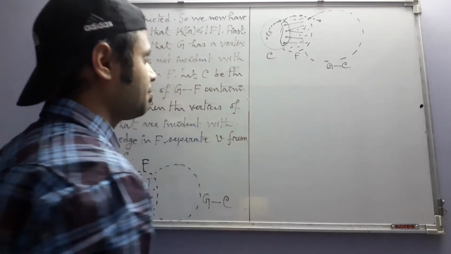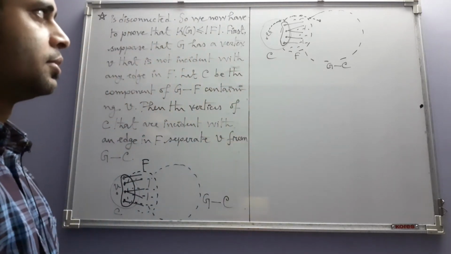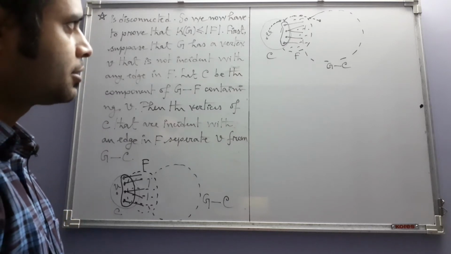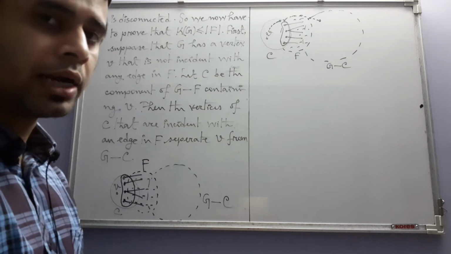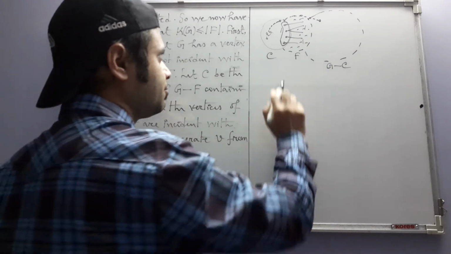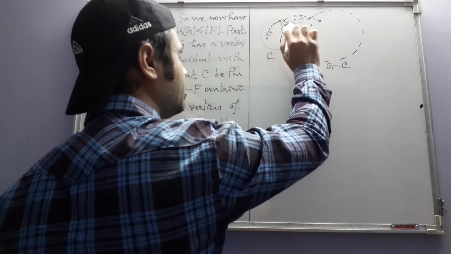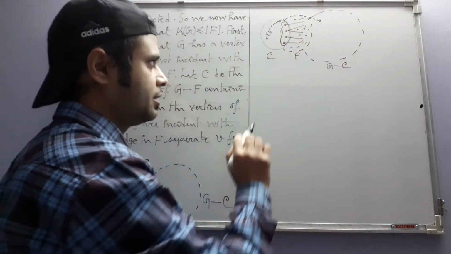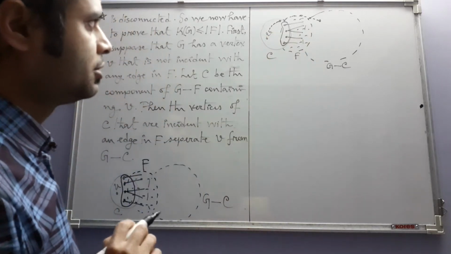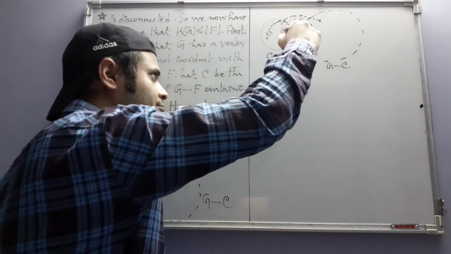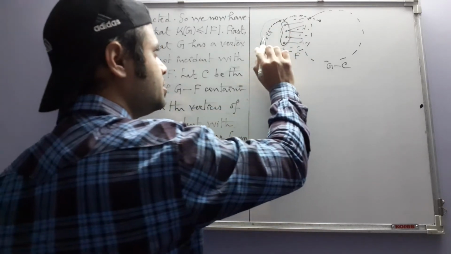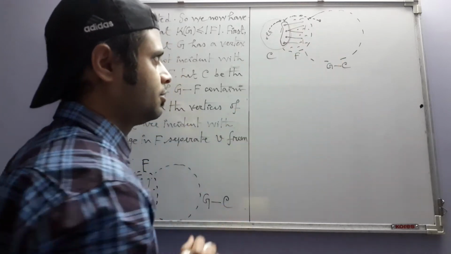And that path actually should pass through F. In other words, that path should contain at least one edge from F. Why? Because if that path entirely evades F, it does not take any edge from F, then removal of F does not disconnect G, because this connection stays intact, no?